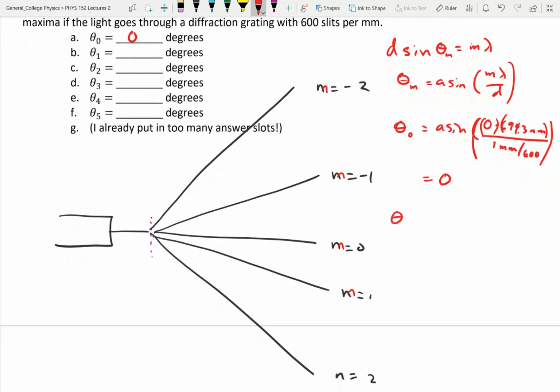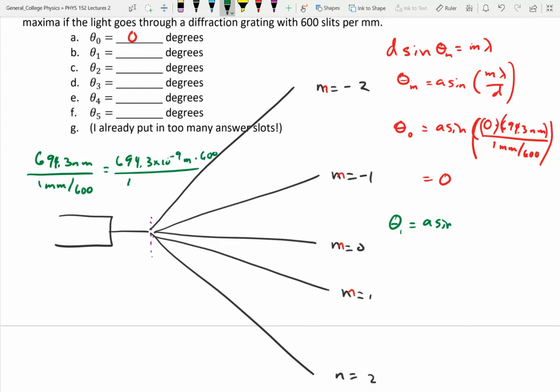Theta 1, let's change colors for theta 1. Theta 1 is equal to arc sine, and I'm going to calculate over here, 694.3 nanometers divided by 1 millimeter over 600 is equal to 694.3 times 10 to the minus 9 meters times 600 divided by 10 to the minus 3 meters.